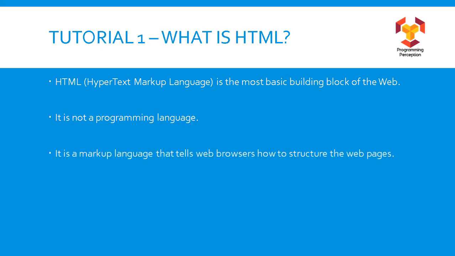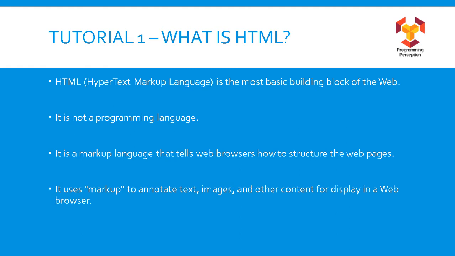In fact, it is a markup language that tells web browsers how to structure web pages. So we will use various markup tags with the help of which we can format the document and show it as a web page. It uses markup to annotate text, images and other content for display in a web browser.